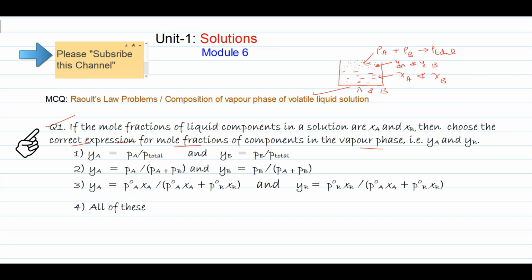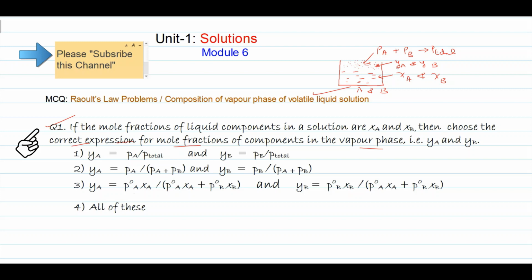In the vapor phase, Ya is the mole fraction of component A, Yb is the mole fraction of component B. Ya may not be equal to chi A, Yb may not be equal to chi B. So what we can say is that mole fractions of components in the vapor phase may not be equal to mole fractions of the same component in the solution phase, correct?